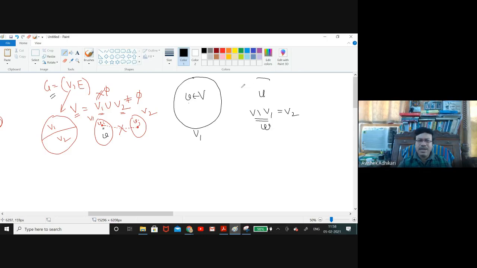Can you have any edge between w and v? If there could be, then w and v will be connected, and in that case, w will suddenly be within the component V1. Since it lies outside this, there is no edge between V1 and this V2.